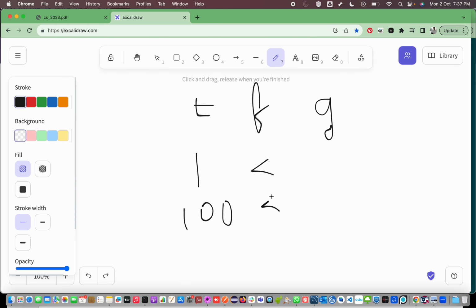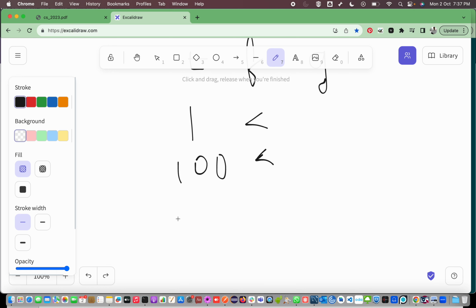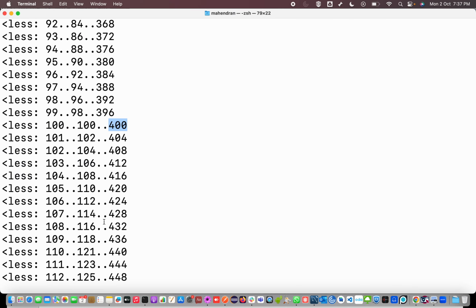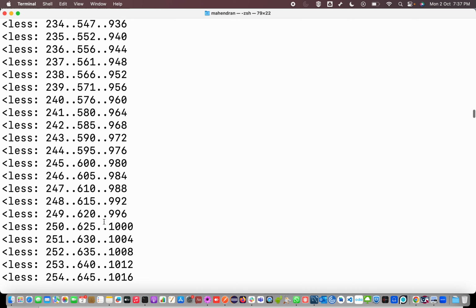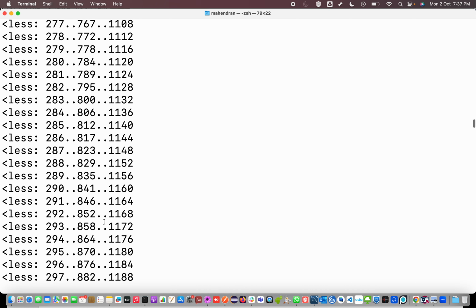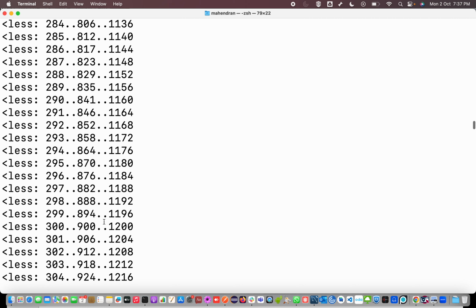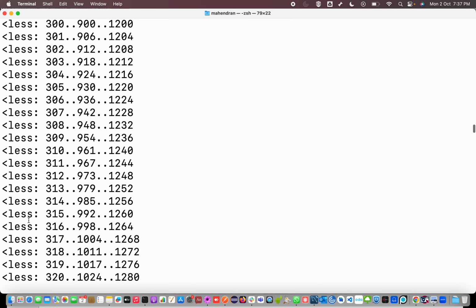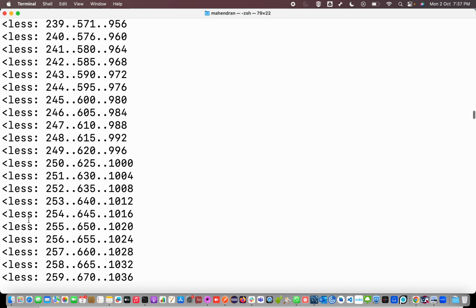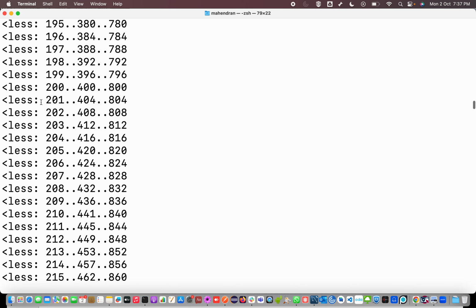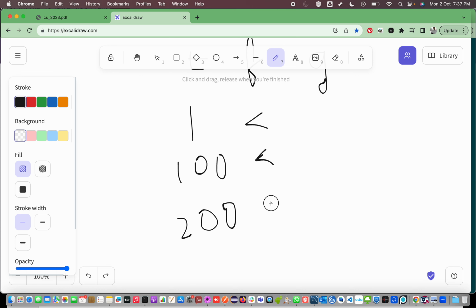Let's put 200. 200 into 200 is 4 followed by 4 zeros, times 0.01, so two zeros are cancelled, so the answer is 400. And g is 4 into 200, which is 800. 200 also, f is less.